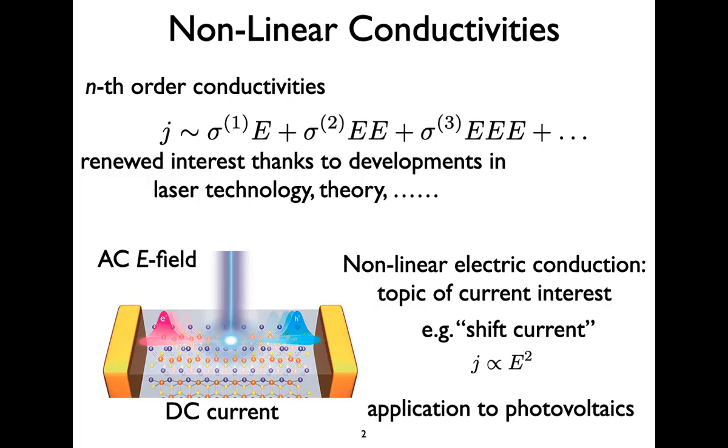I want to develop the formulation of nonlinear response and nonlinear conductivity, so that hopefully those formulations will be useful or provide foundations to study this kind of interesting phenomenon.